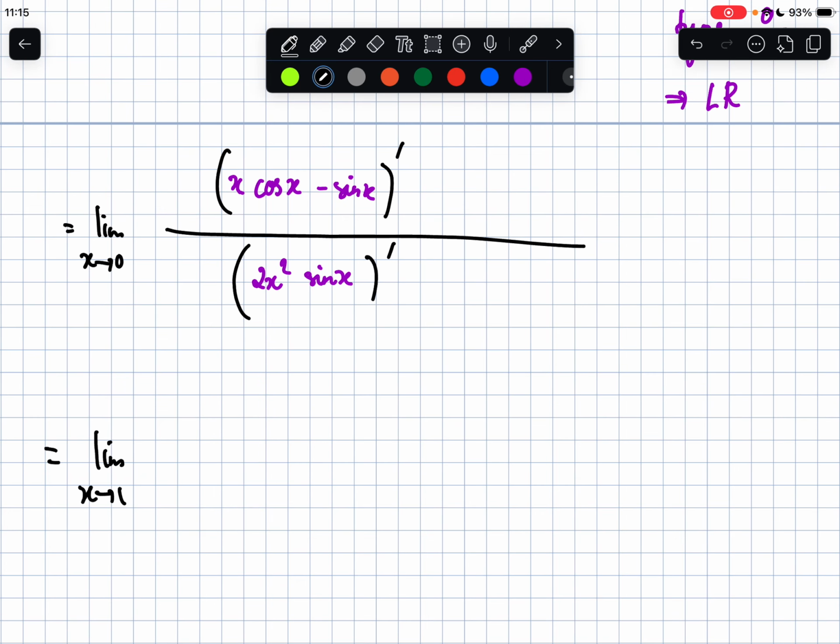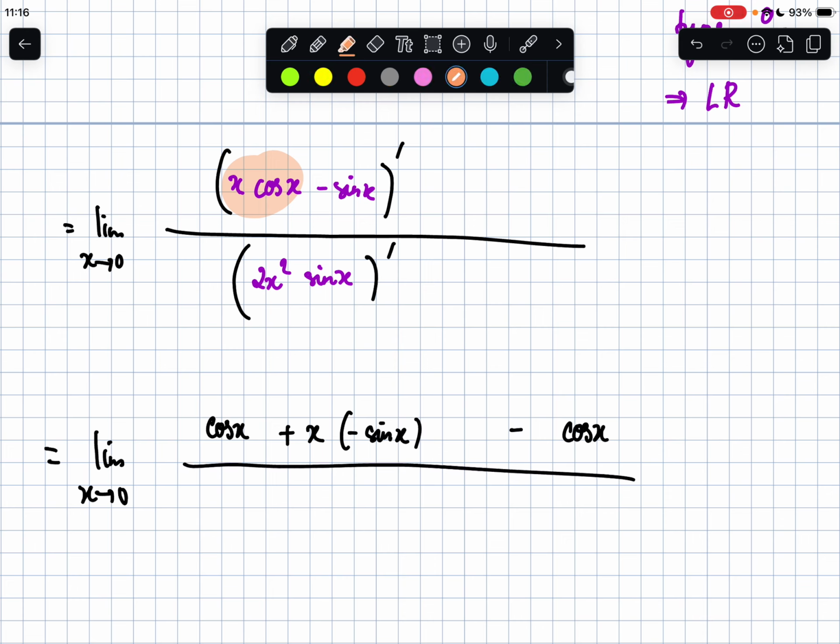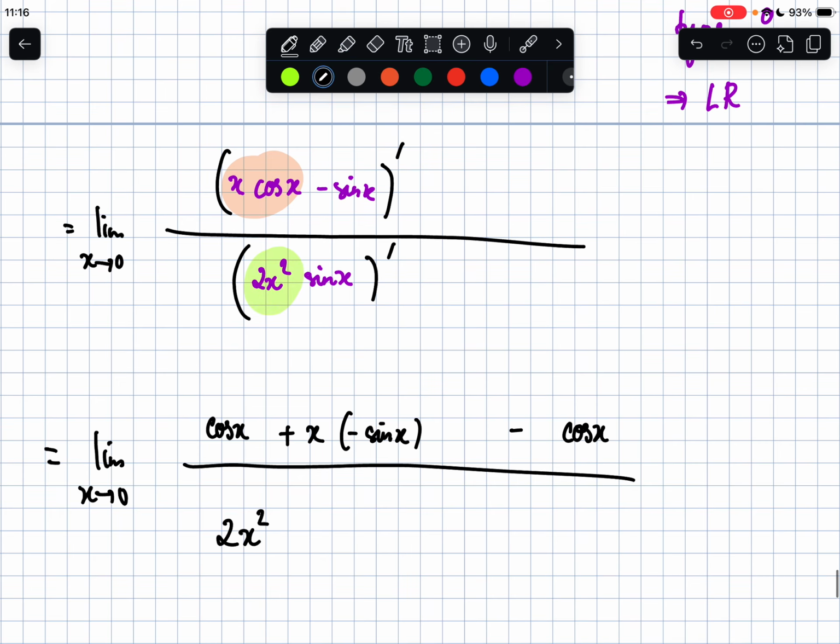Limit x to 0. I use the product rule for the first terms. So x prime is 1 times cosine x, plus x times cosine prime, minus sin x prime, which is cosine. Similarly, you use the product rule for this one. 2 x squared sin cosine x, 4 x sin x.